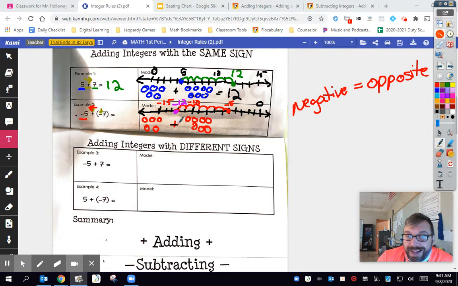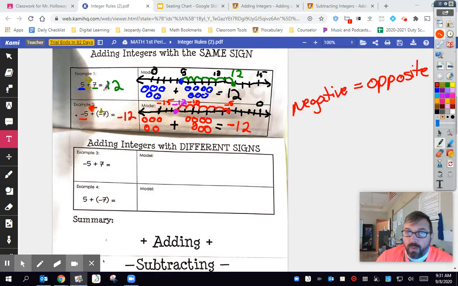I'm counting negatives. Guess what? I'm going to count them as is, and life is good. I've got -1, -2, -3, -4, -5, 6, 7, 8, 9, 10, 11, 12. I have 12 counters. But what type of counters do I have? I have negative counters. So my answer is -12.